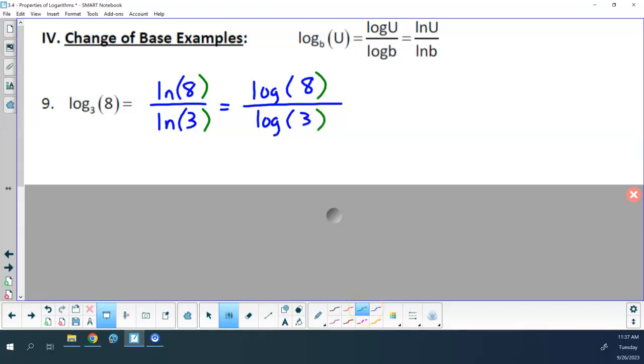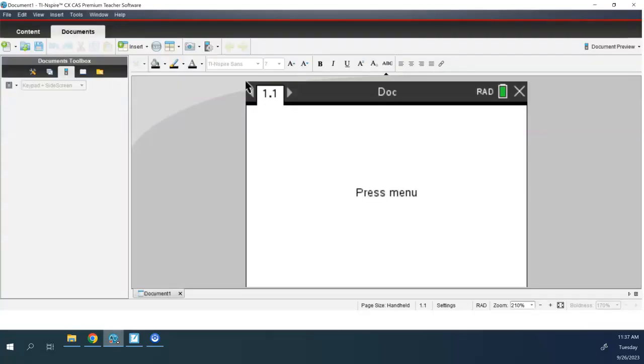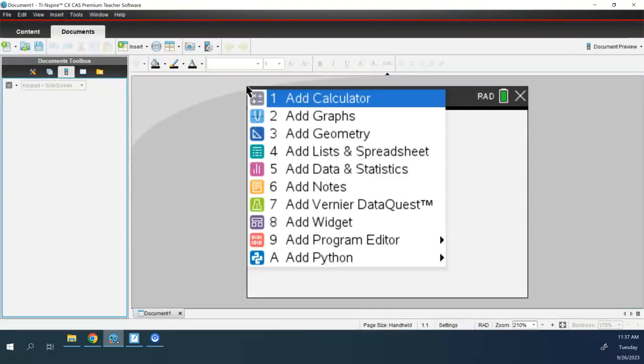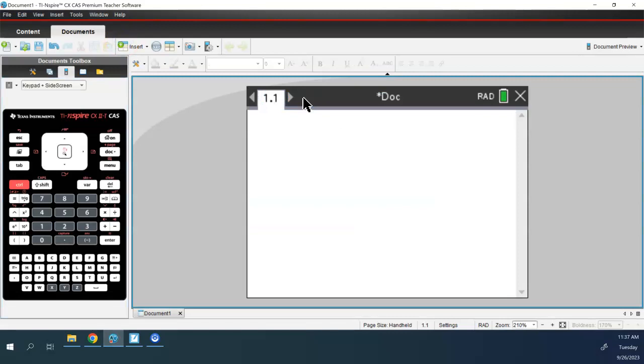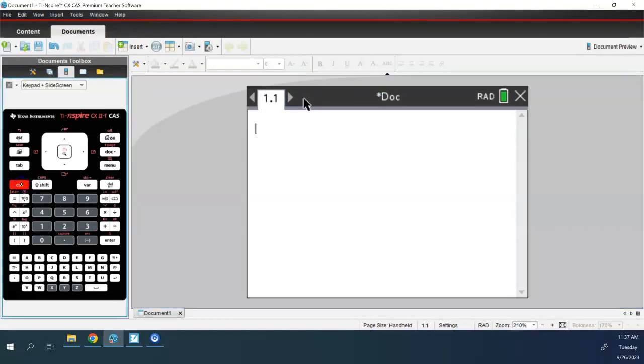Okay? On the TI graphers, the ones that we have out there for us, the nice thing is that it does it for you. It's technologically advanced. So if you go into a calculator and you hit log, which is the control of the 10 to the x power, it sets it up for you.